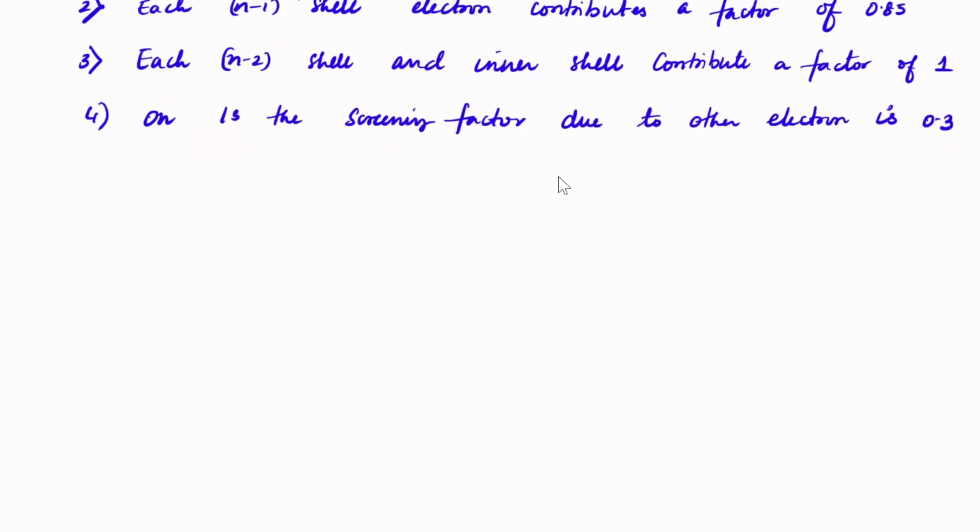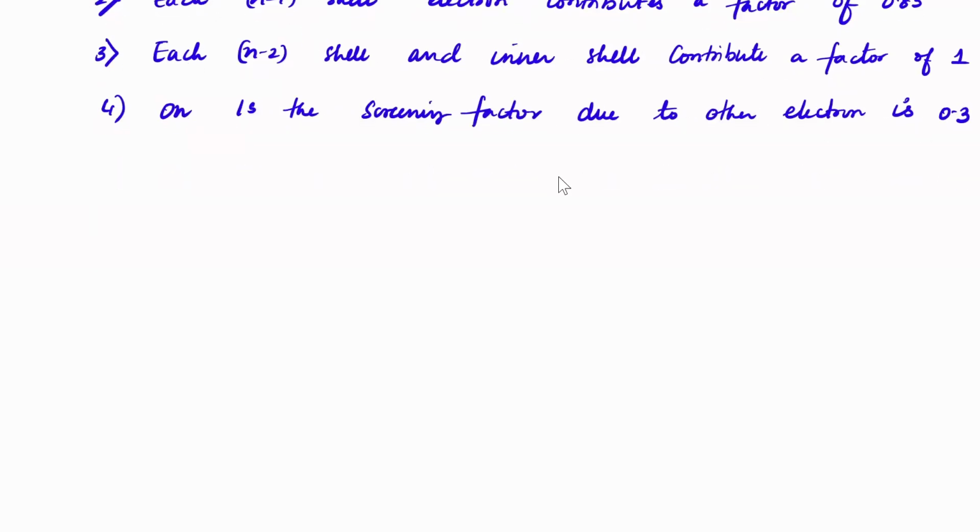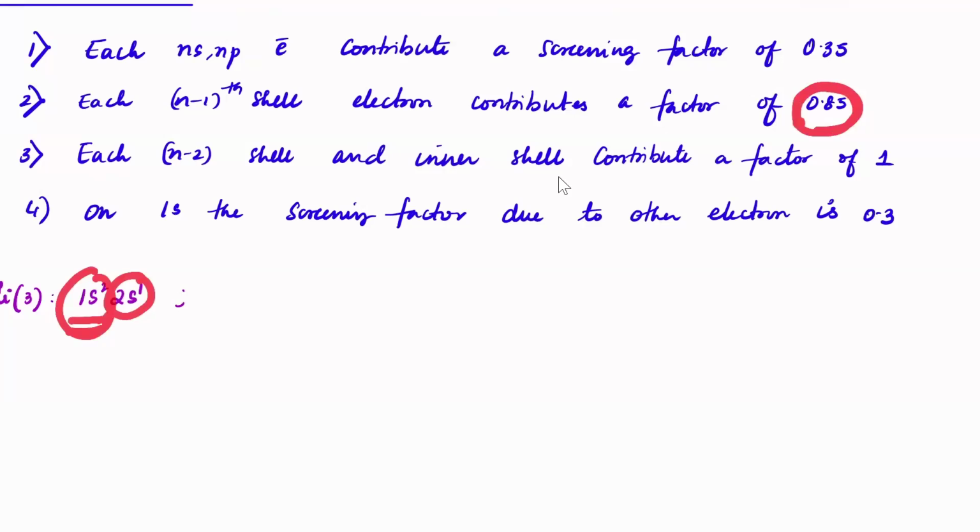Let me show you one by one, in simple terms, how we calculate this with examples. First, let me start with something as simple as lithium. Lithium has a total of 3 electrons, which is 1s2 2s1. So the outermost electron is 2s. Since this is the outermost orbit, the inner n minus 1 electrons will contribute a factor of 0.85.